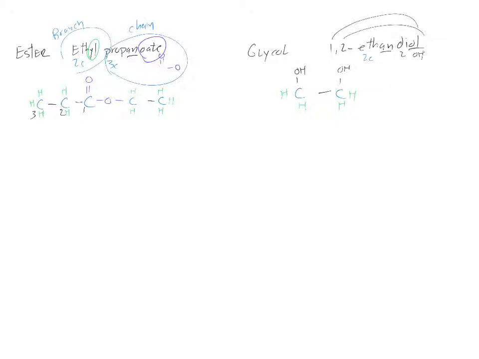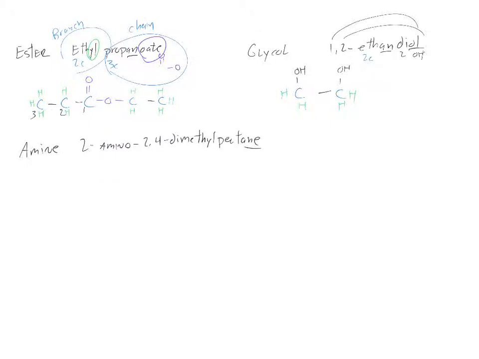The only one that we need to do yet, because the nitro group I think is one that you had in your packet, is the amine. And that is 2-amino-2,4-dimethylpentane.